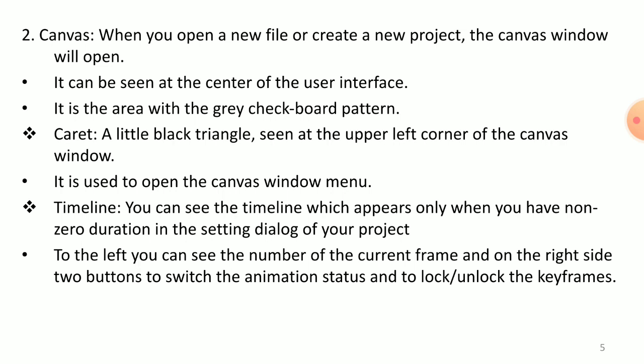That shows the ending time: 1s, 2s, 3s, 4s, and 5s. By default, the ending time is 5s, that means 5 seconds. We can also decrease and increase it as per your requirement. The ending time will be changed.